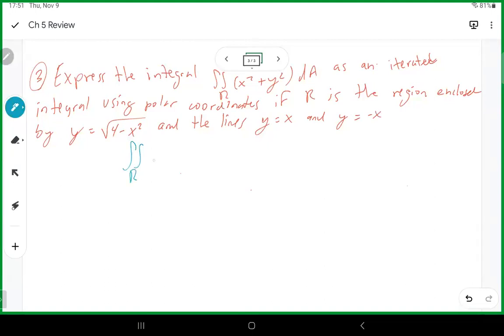So next we're given the double integral over R of x squared plus y squared dA equals the integral from theta 1 to theta 2, r1 to r2, of f of r, theta, dr d theta.